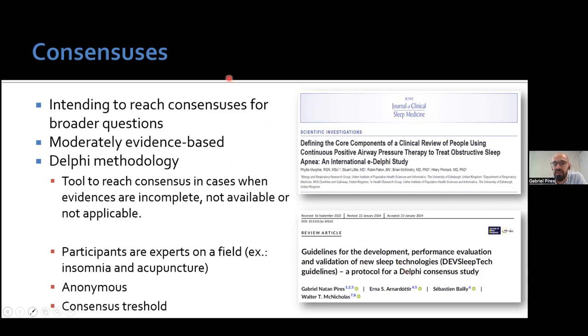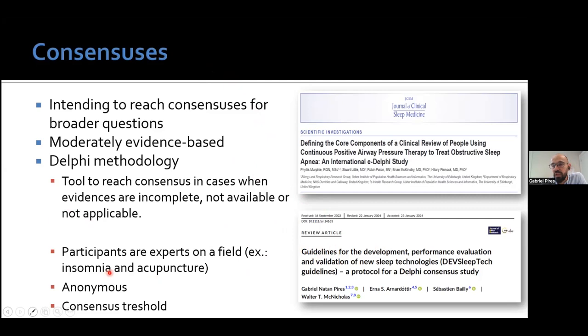Curiously, in sleep medicine, there are very few consensuses being published. And this is a very hard study to perform, even harder than the guidelines. I recently came across a consensus about the use of acupuncture to treat insomnia. I was a reviewer of a paper in this field.